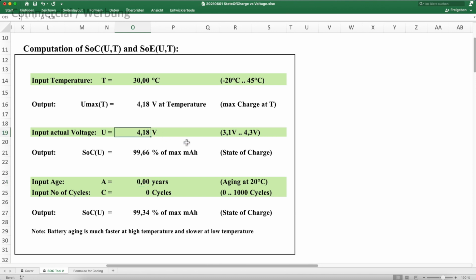We can play now with any other voltage or temperature. With 3.5 volts we would have about 24% of charge, and with 3 volts the battery would be practically empty.